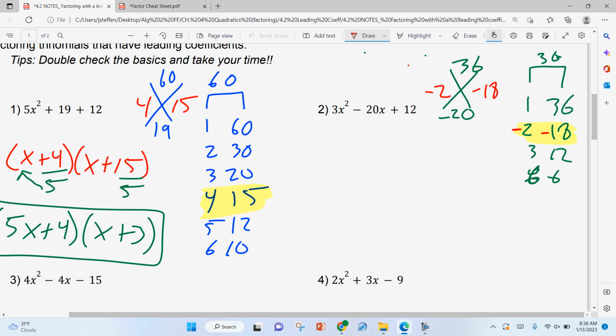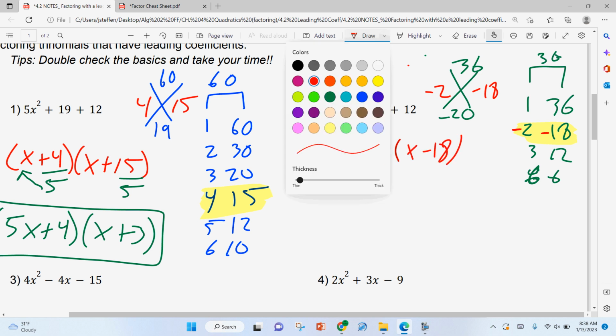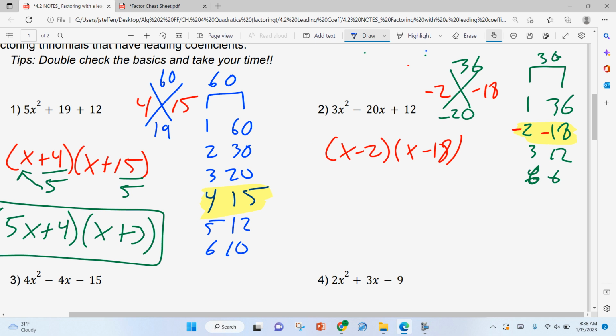And again, if you double check, negative 2 times negative 18 is positive 36. Negative 2 plus negative 18 is negative 20. You end up with x minus 2, x minus 18. Some of you are going to miss this because you leave it there, but we still have to divide everything by 3.